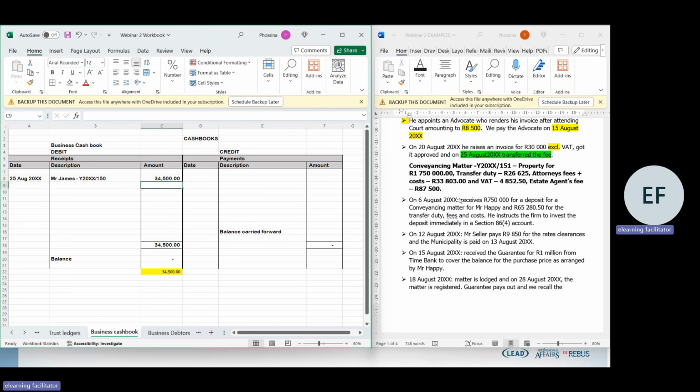When the matter has come to conclusion, that's only when they collect their fee. The fee of the estate agents is paid by the seller, because the seller is the one who approaches the estate agents and says, look, I'm selling my property for so much.